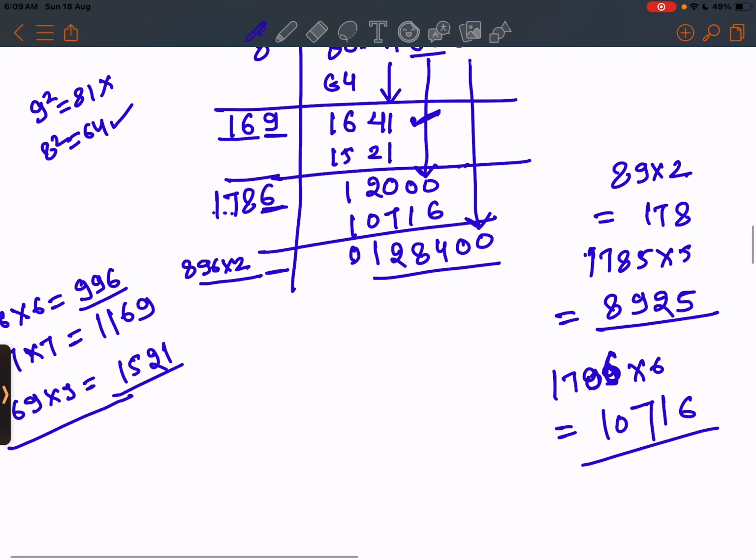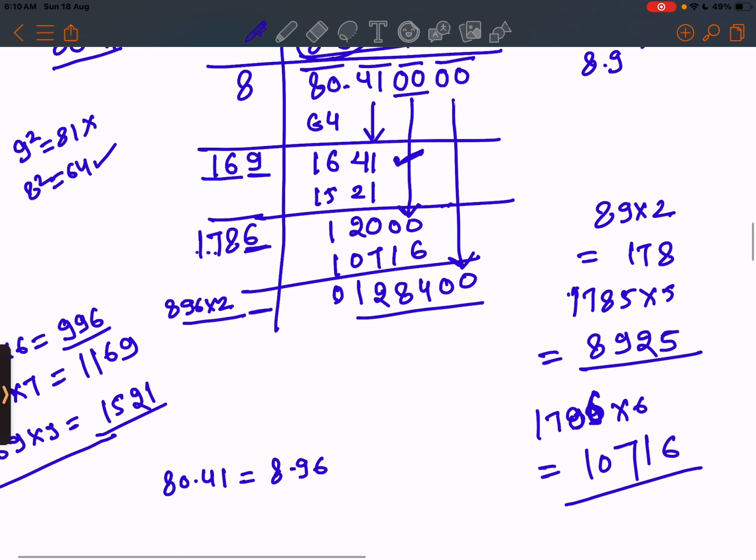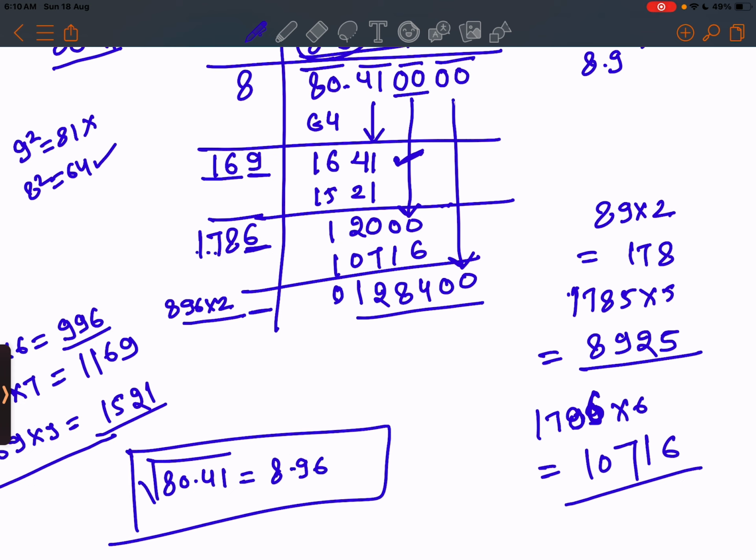So up to 2 places of decimal it is 8.96. Okay, so that would be the answer.